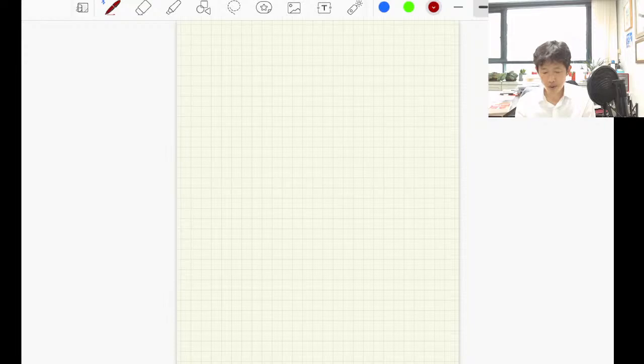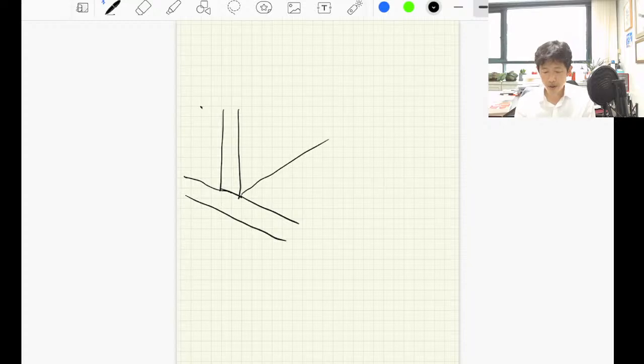Okay, let me talk about the welding a little bit more. Let's consider the job of welding. I have a web and a flange, and then we connect them together by welding.